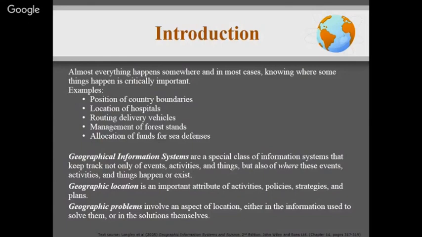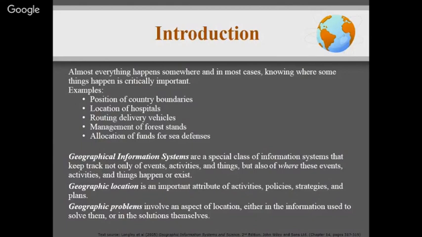For example, you want to know the position of a country boundary, location of hospitals, routing delivery vehicles, management of forest stands, allocation of funds for sea defenses. For all these examples, if you want to lay your hands on a technology, GIS comes very handy to you.